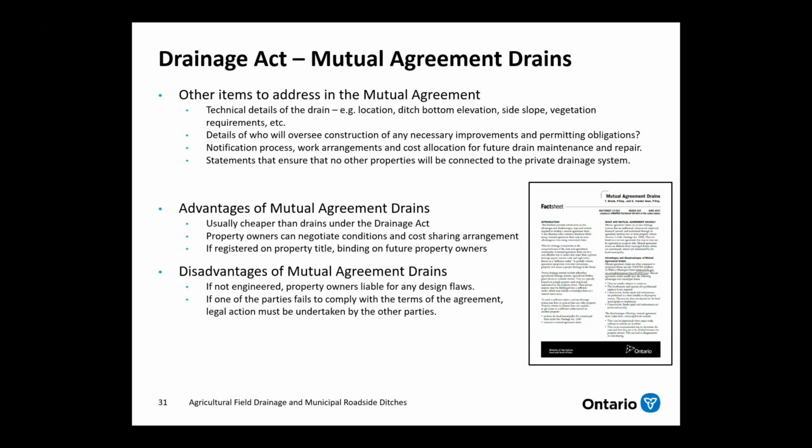So if it says you must maintain this when we notify you, and the property owner says I'm not doing it or I'm not paying for it, unfortunately, then you're going to have to go through the courts system to do that. Where the Drainage Act process for a petition drain, which I'll walk through in a minute, is a different process. Okay, so again, this is the mechanism of mutual agreement drains for getting outlet for these private systems.